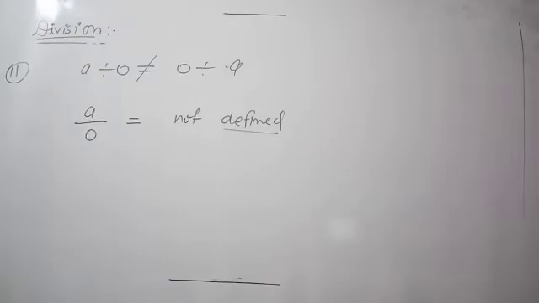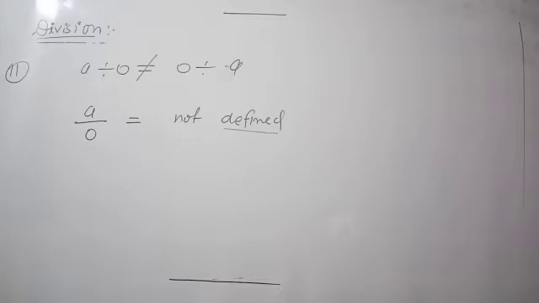So let us start with exercise 2E. Question number 1: on dividing a certain number by 126, the quotient is 15 and the remainder is 4. Find the number.